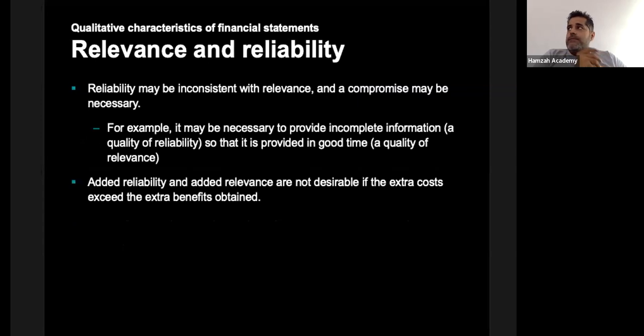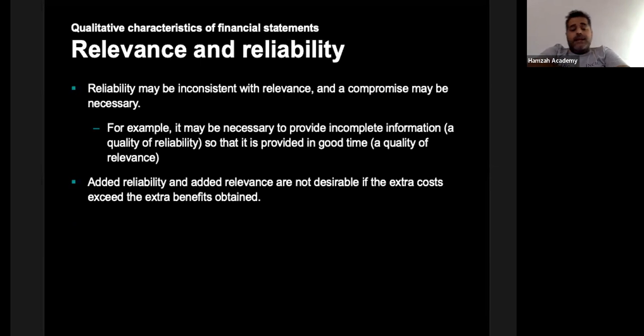And then talking about relevance and reliability, reliability may be inconsistent with relevance, and compromise may be necessary. For example, it may be necessary to provide incomplete information, a quality of reliability, so that it is provided in good time, a quality of relevance.